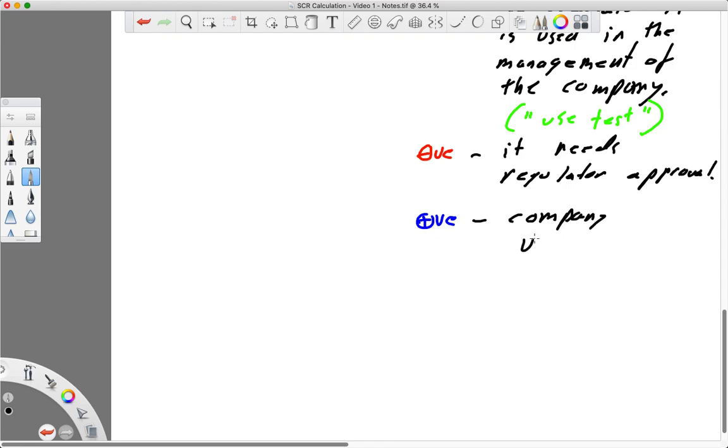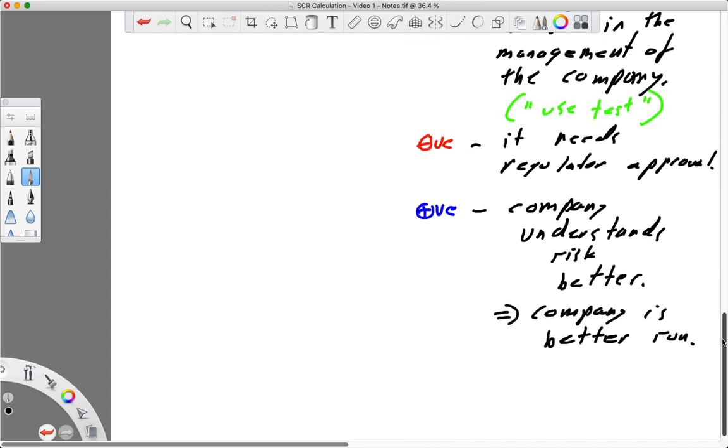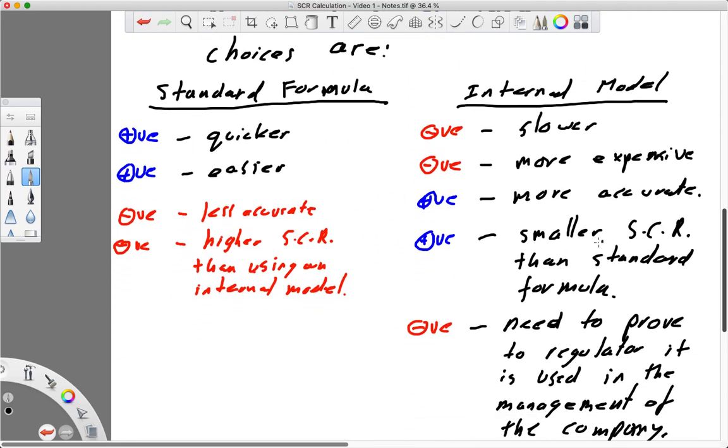A big positive is the company understands risk better, which should imply the company is better run. So that is a major impact of Solvency II. If you're doing the internal model, you've got a whole lot of actuaries thinking carefully about risks and how to model risks and what the risks are.